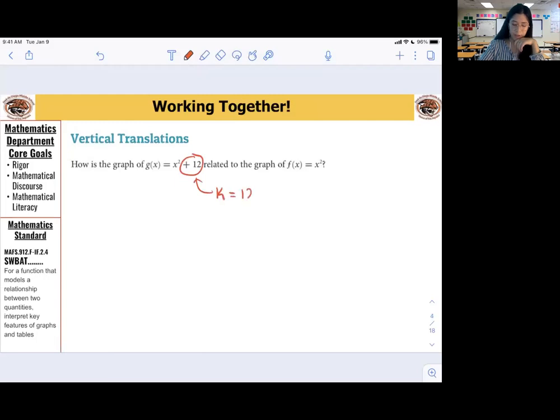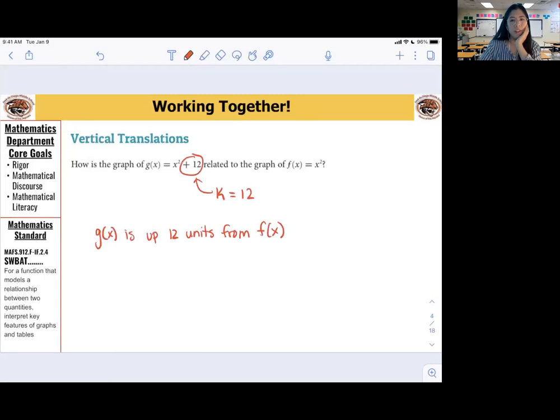K equals 12. So what does that do to the graph? It goes up. Up 12 units. So g of x is up 12 units from f of x.